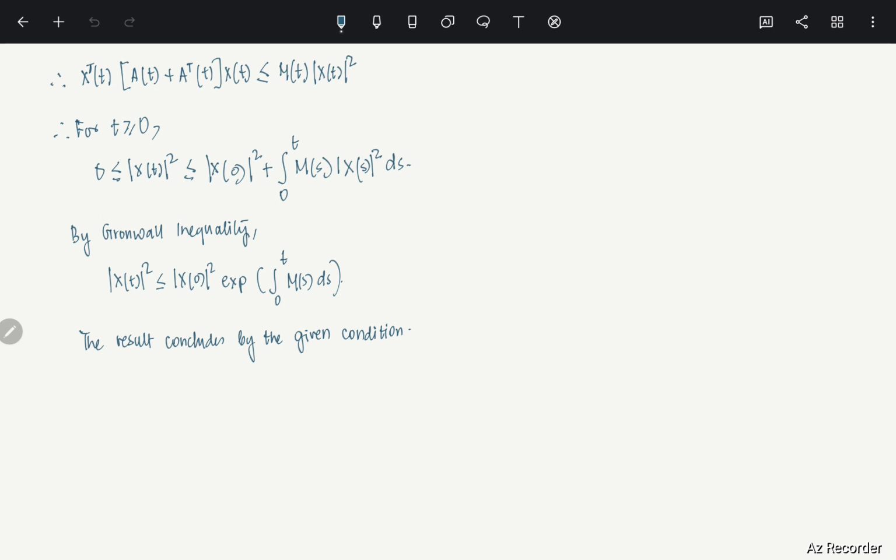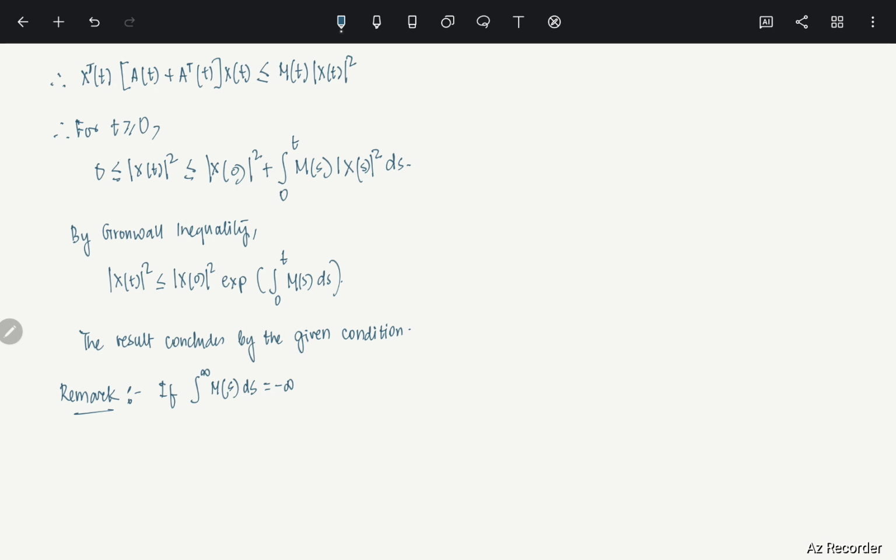Now a small remark let us put on a remark. If we write the integral of m(s) ds, this condition is important, right? This condition guaranteed that x(t) goes to 0.